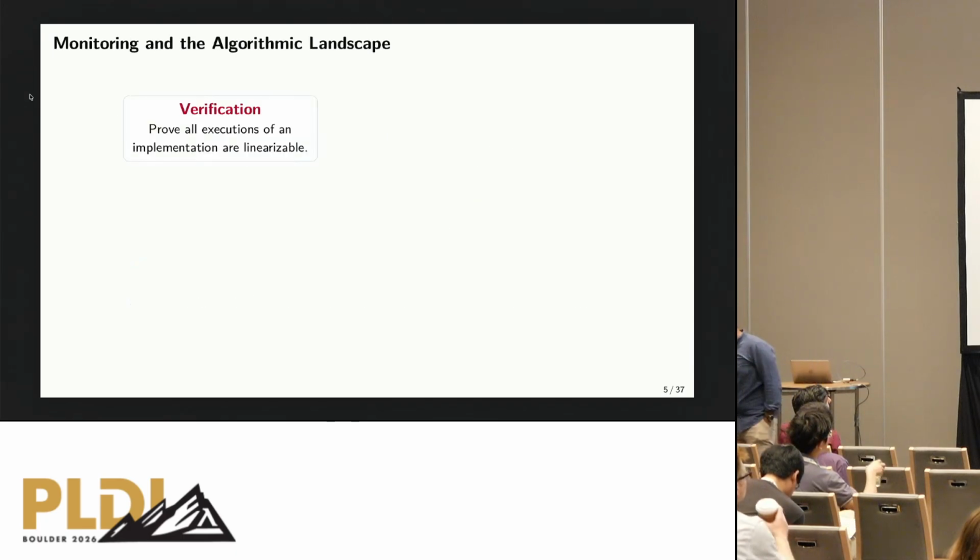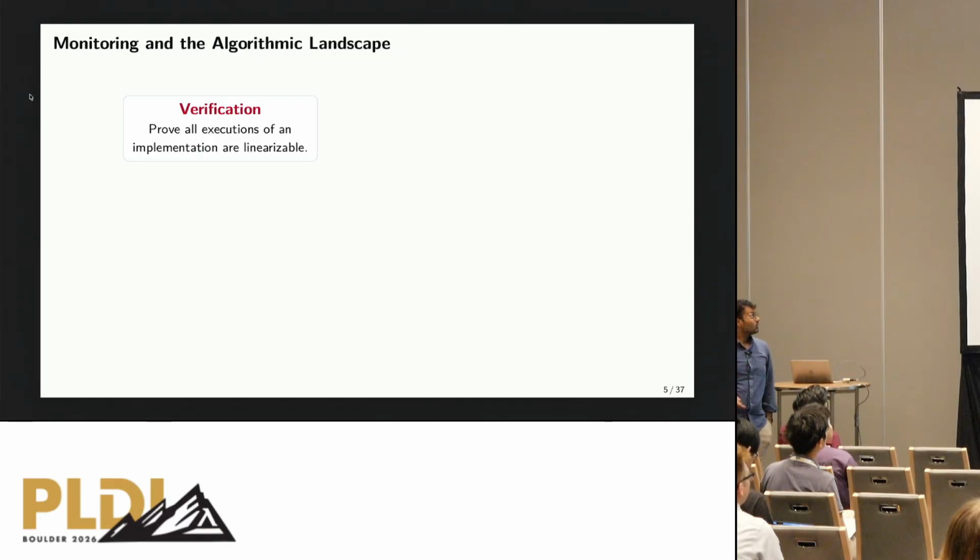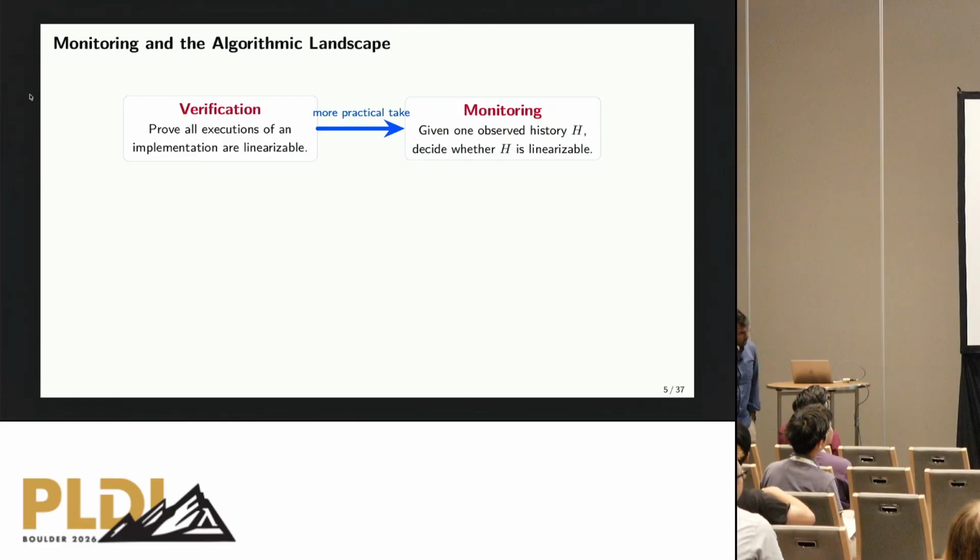And if you've been following any amount of work in PL conferences about linearizability, there's a lot of focus on the problem of verifying concurrent implementations, and it turns out to be a very difficult problem for a lot of reasons, including the fact that your specifications can be very complicated. And when you talk to people in the industry who actually build these data structures, they nonetheless go for a more practical take.